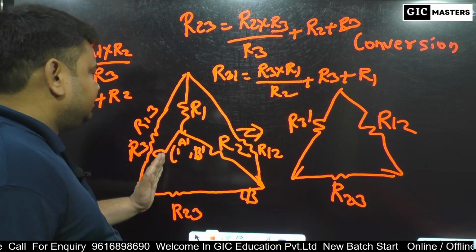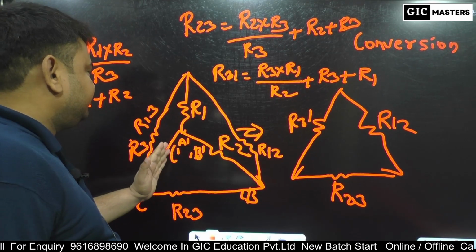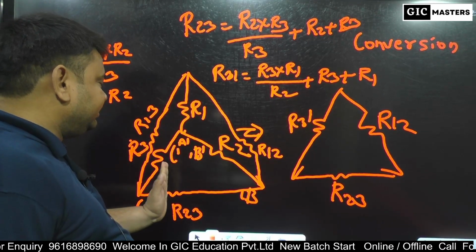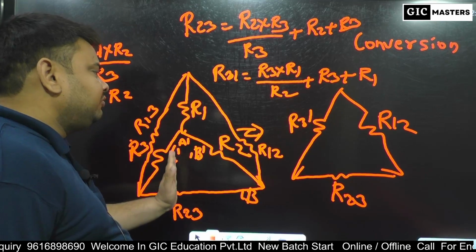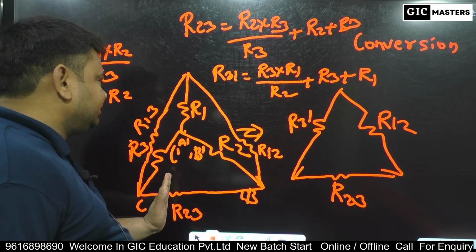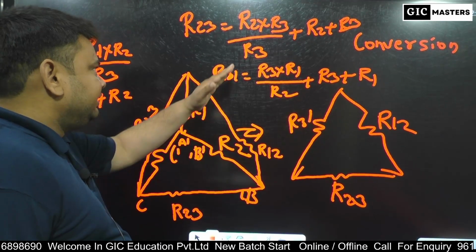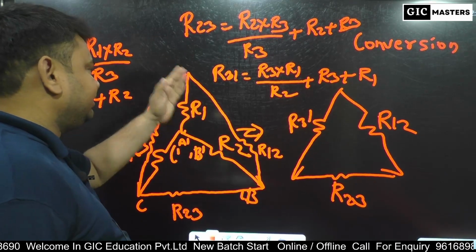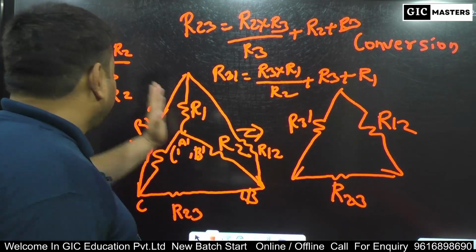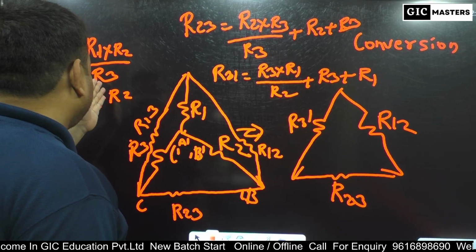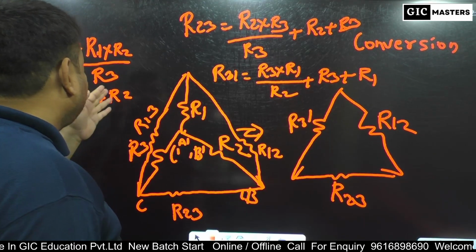When resistors are connected in star, but we want to convert this star connected resistor into delta, then we use these final expressions. R12 equals R1 into R2 divided by R1 plus R2 plus R3.